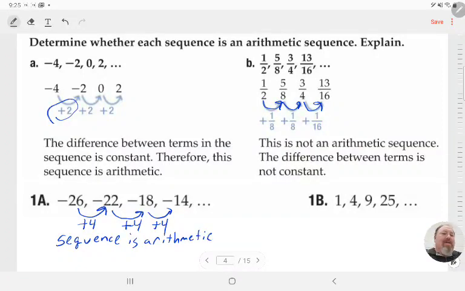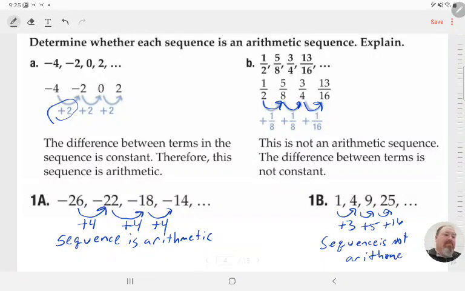Okay? Now when we look here, we go up by 3, we go up by 5, and this one we go up by 16? So the sequence is not arithmetic. Okay? So it's got to be even amounts.